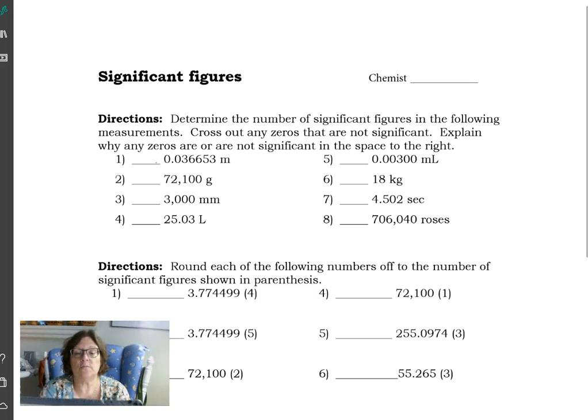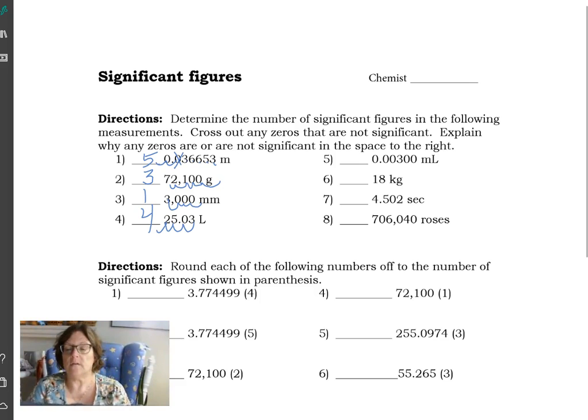Here we have a decimal, so we start from the left. That 0 is not significant. We have 1, 2, 3, 4, 5 significant digits. Placeholder. Again, placeholder. 1, 2, 3. Again, placeholder. We have 1. 1, 2, 3, 4. I started from the left because there's a decimal there. That 0 is a sandwich zero. They're always significant.